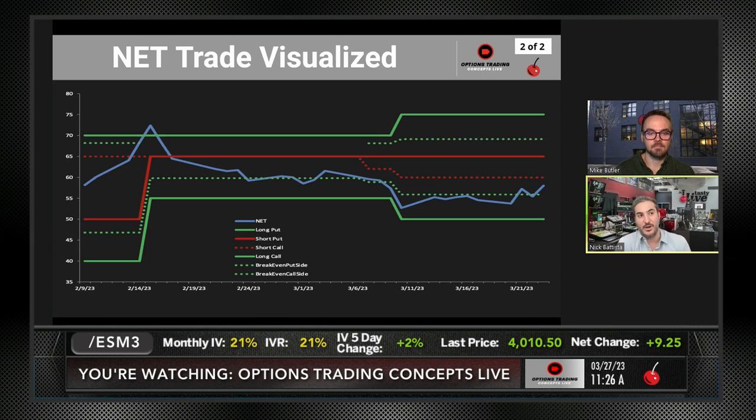Whereas with a strangle or straddle, rolling out and collecting all of that premium over a couple months, you don't necessarily need the stock to get right to your short strikes, because you're collecting so much more extrinsic value relative to the defined risk position, where you really are dependent on the stock price and how near you are to expiration. Like, you need the stock to be near your short strikes at expiration for a defined risk trade to work out.